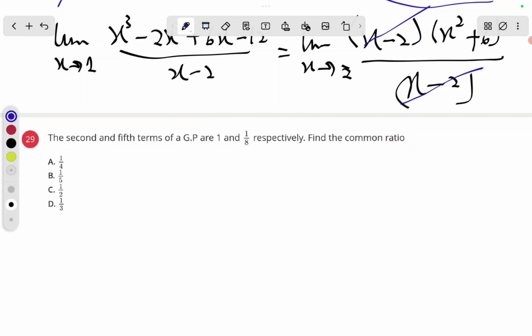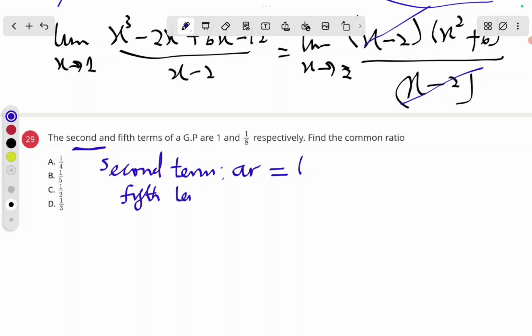Now our second term can be written as AR, which is the same thing as 1. Let me call this equation 1. Then our fifth term is the same thing as AR to the power of 4 equals 1 over 8.